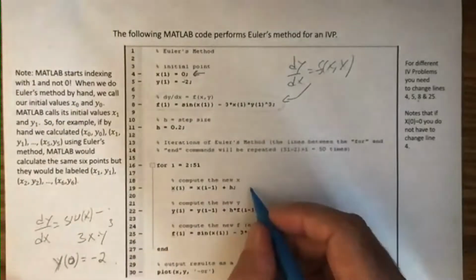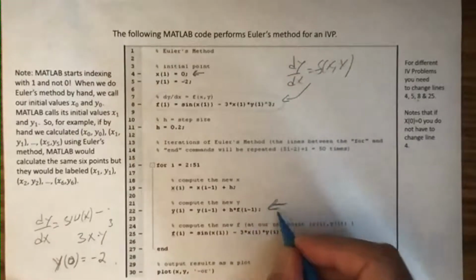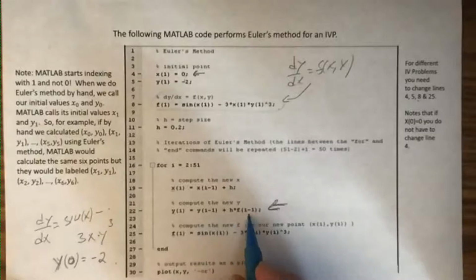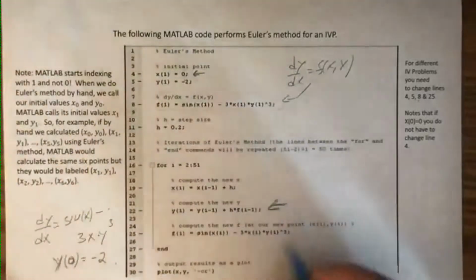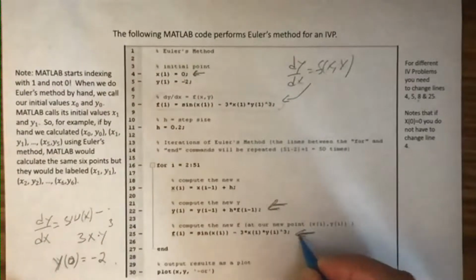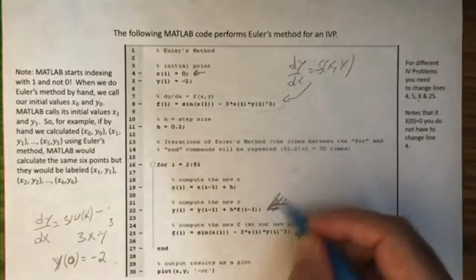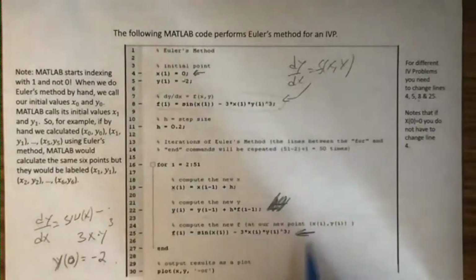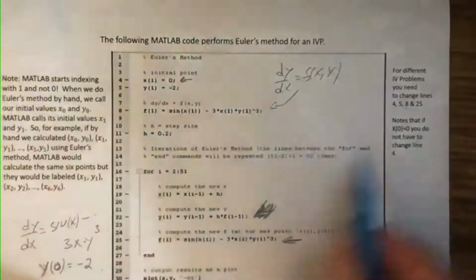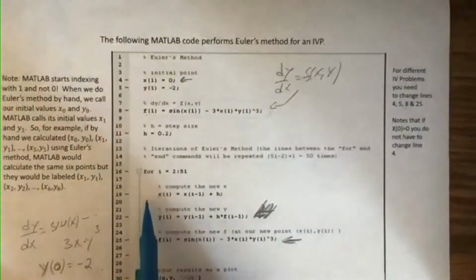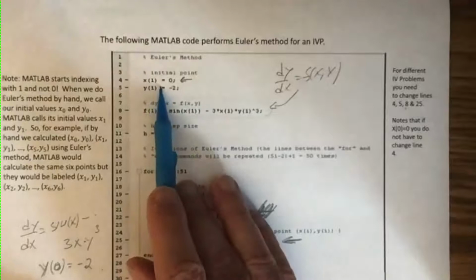You'd have to change this too. This is fine, you don't need to change that. So you'd have to change line 25, line 8, and line 5.